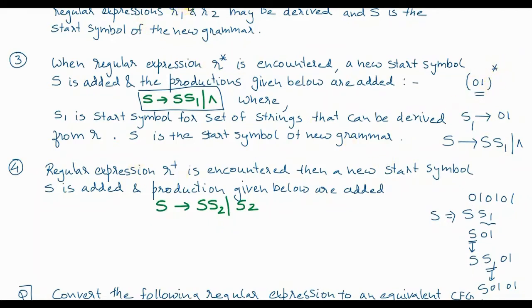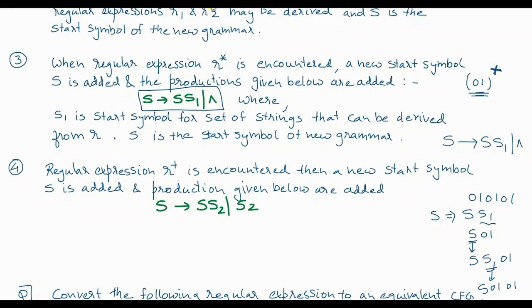Okay. Now fourth, there is also something called as plus, sub expression raised to plus. Okay, so what happens when any sub expression is raised to plus? When any sub expression is raised to plus, it simply means that this sub expression can be repeated exactly one number of times or more number of times.